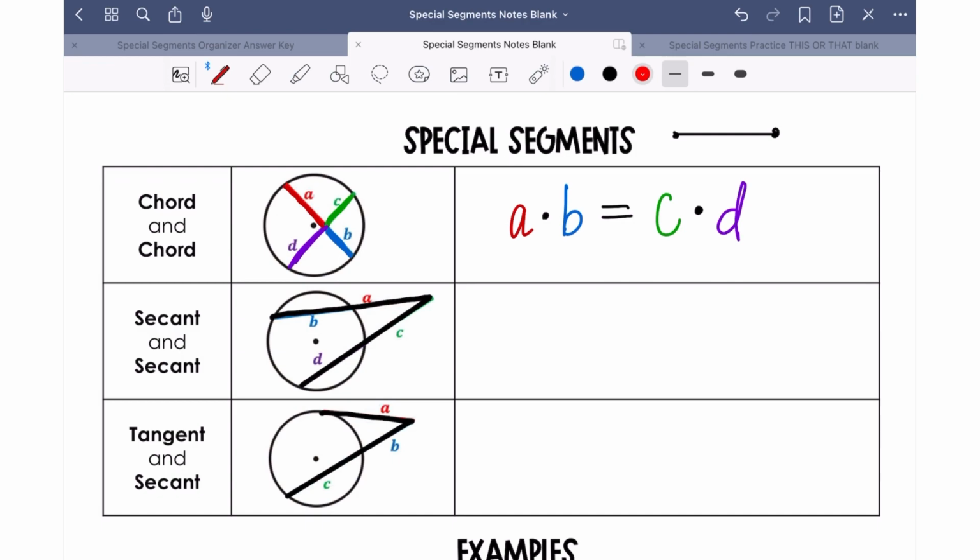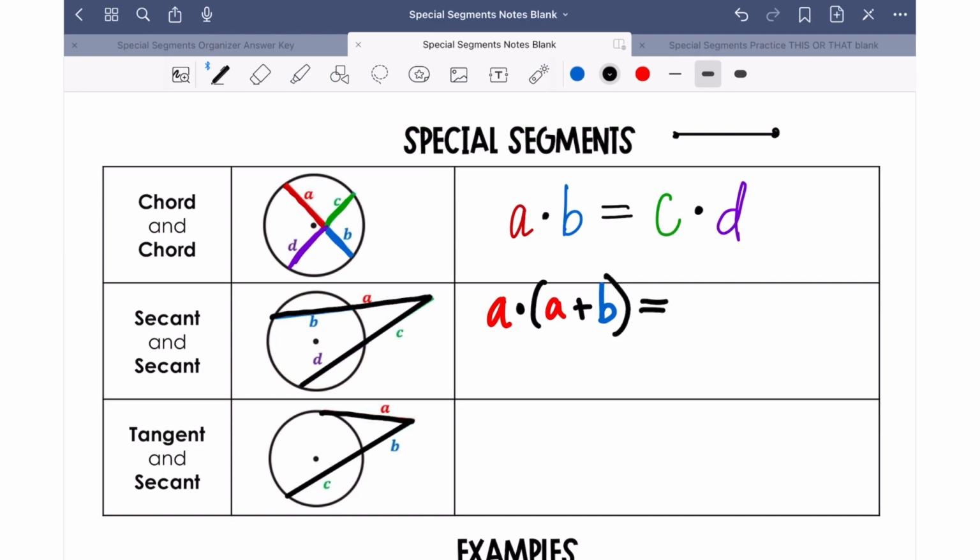So for the first part of the formula, the A part, it's going to be A times the part of the circle that is A plus B. Okay, so what does that look like in our circle?